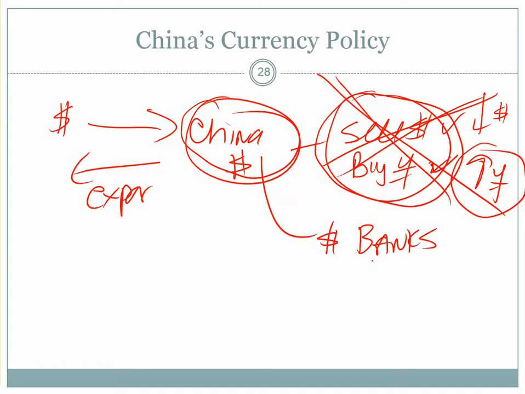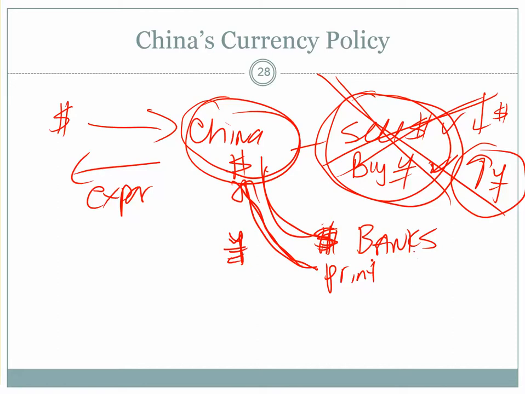The government banks then print yuan. And if the exchange rate were, say, 6 yuan per dollar, as the corporation was forced to give the dollars to the banks, 6 yuan would be printed and given to the Chinese exporter.